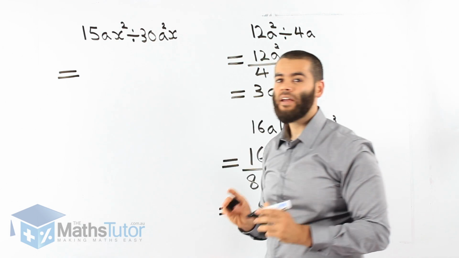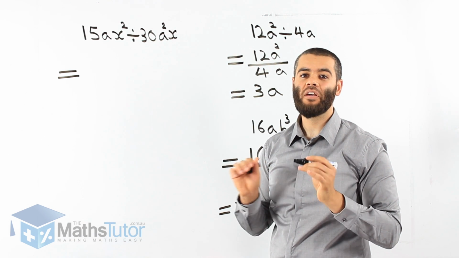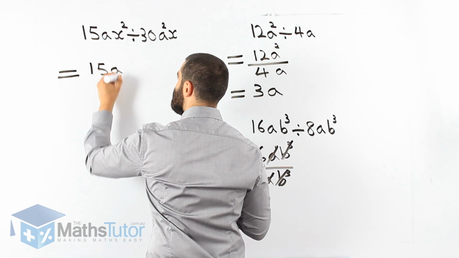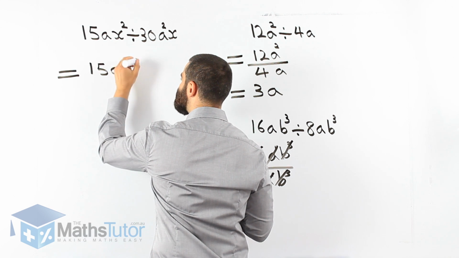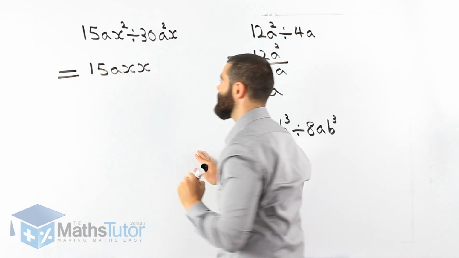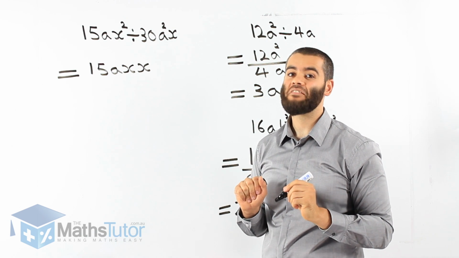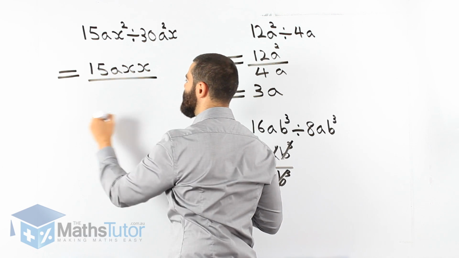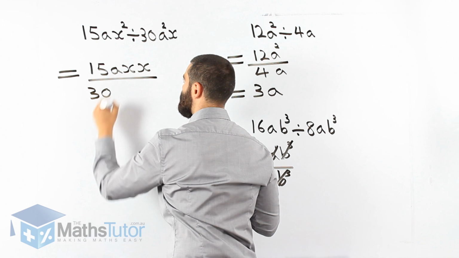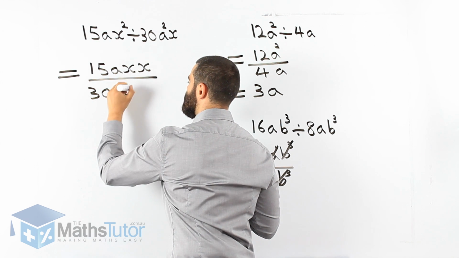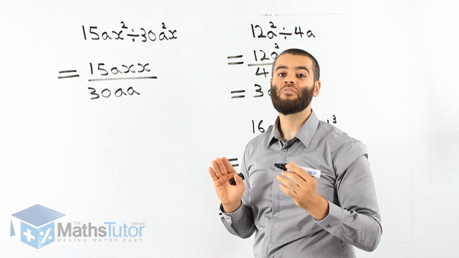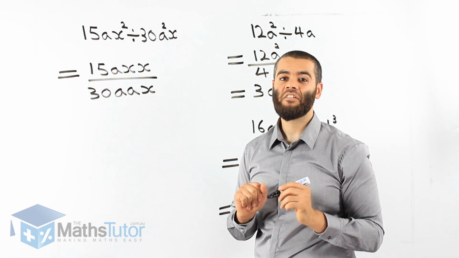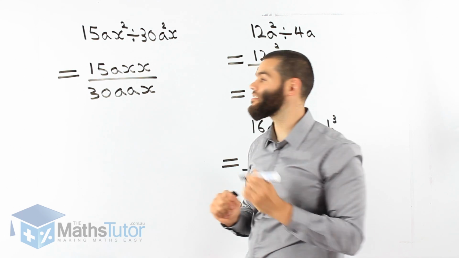I'm going to explain it and simplify it as fully as possible so you can understand the concept. 15a, x to the power of 2 is the same as x times x, but in the long format. Divided by 30a times a, which is a squared, is aa, and x. I broke it up so you can understand the concept and understand how we got our answer.